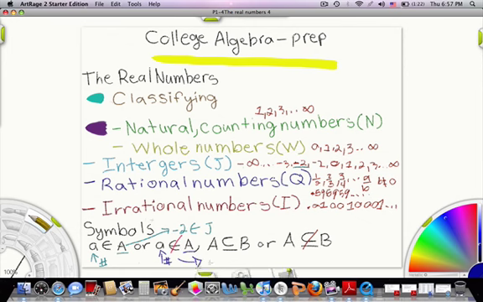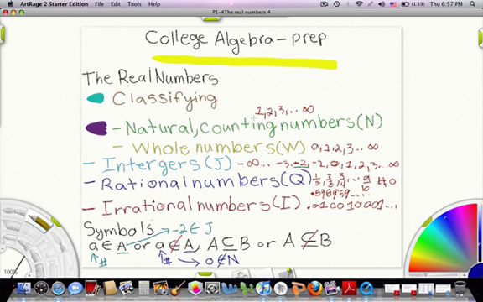We can say that 0 is not in the member set of natural numbers, which is denoted by N. We know that's true because 0 is not in natural numbers.